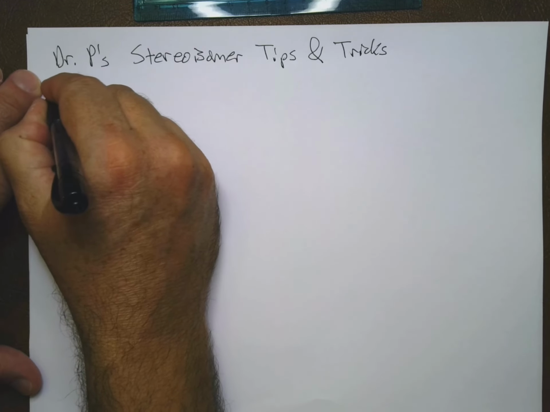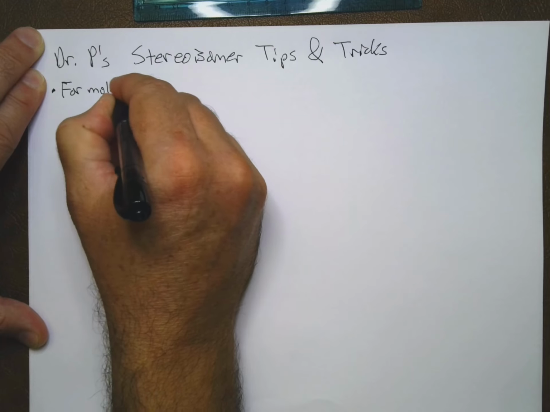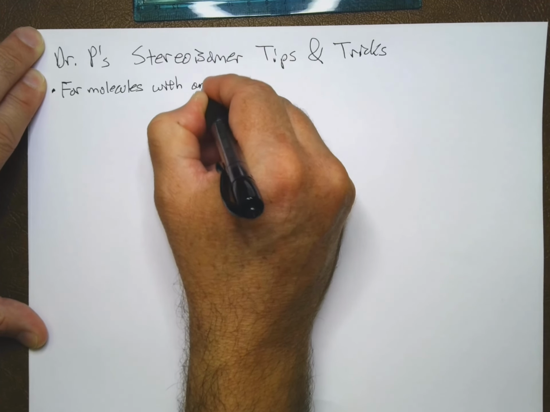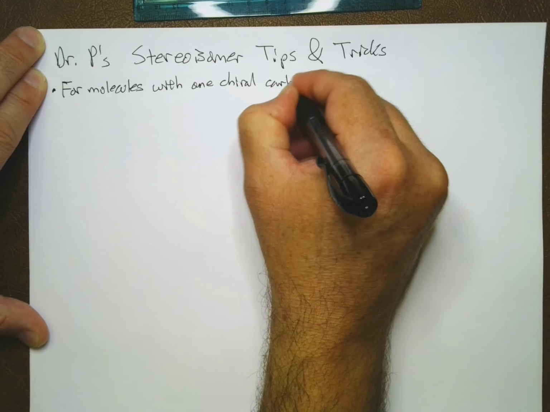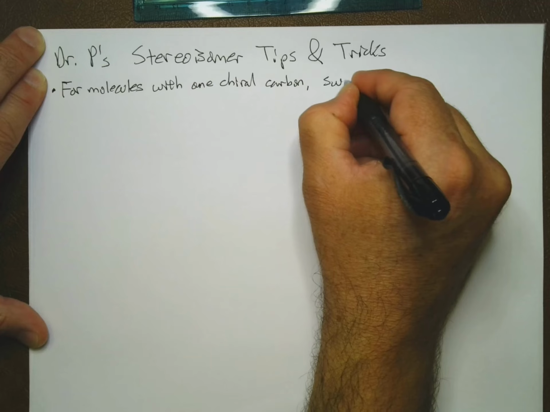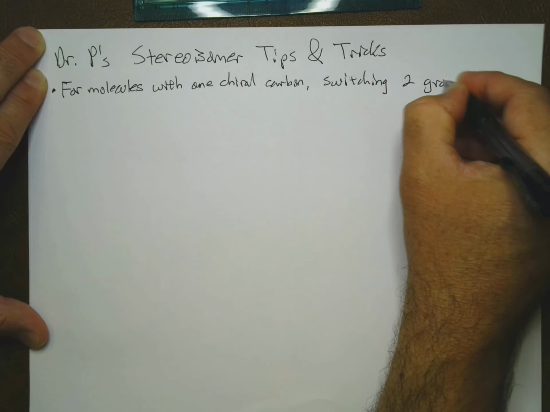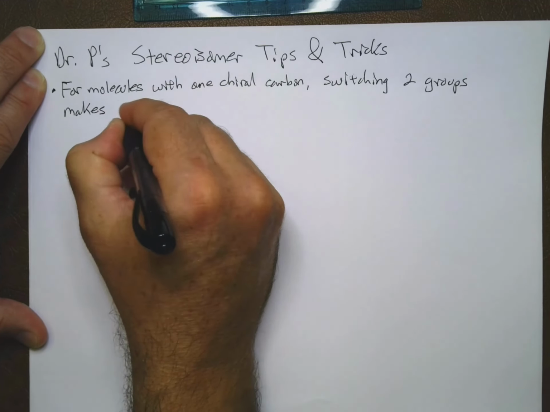Okay, so for molecules with one chiral carbon, switching two groups makes an enantiomer.